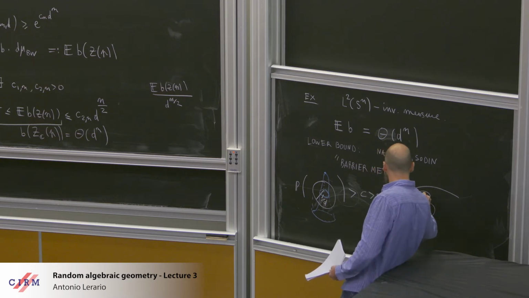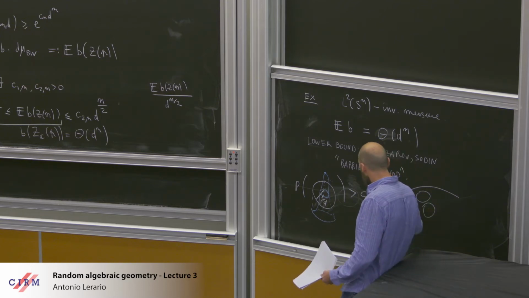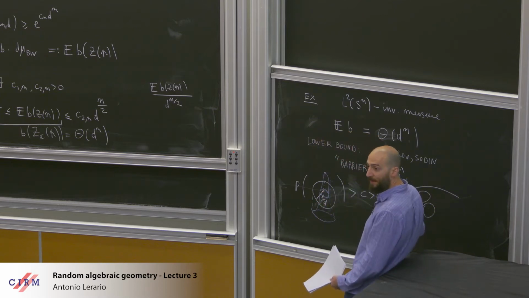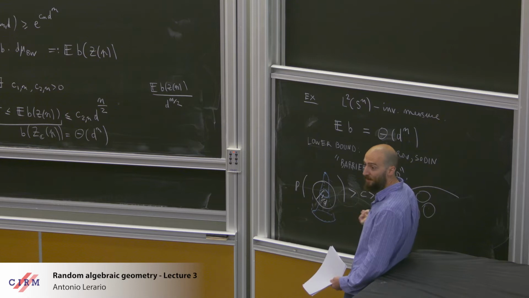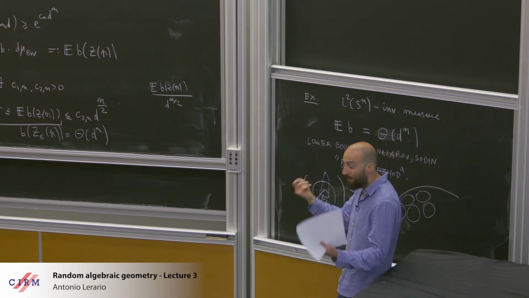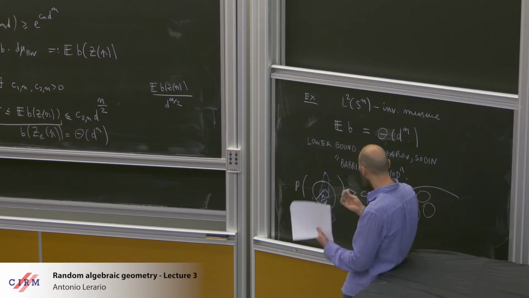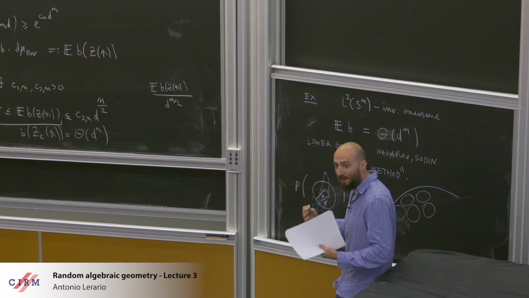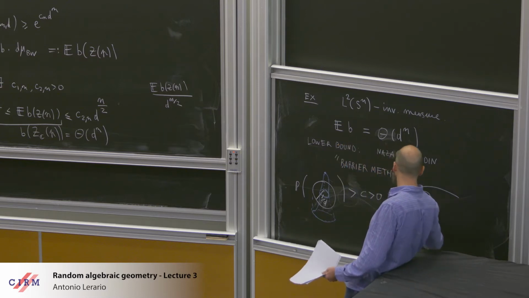In each such disk, this will contribute some probability. This will give a lower bound for the expectation, because expectation is linear. So the expectation of the number of connected components of the zero set is larger than the expectation of the number of connected components entirely contained in such a disk.